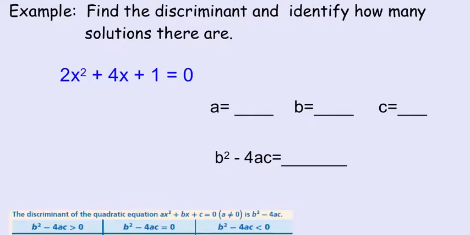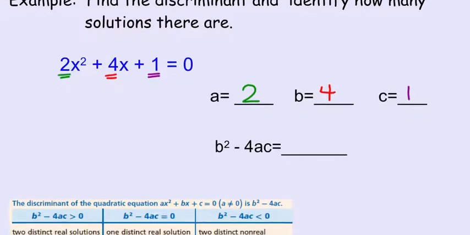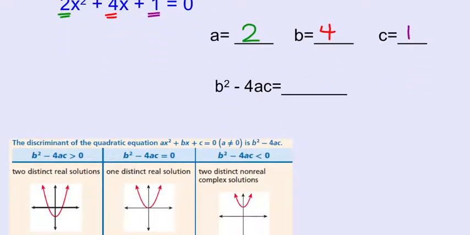Last example, find the discriminant, identify how many solutions there are. So this is in standard form. So we get 2 for our a, 4 for our b, and 1 for our c. We'll go ahead and plug it into the discriminant equation.